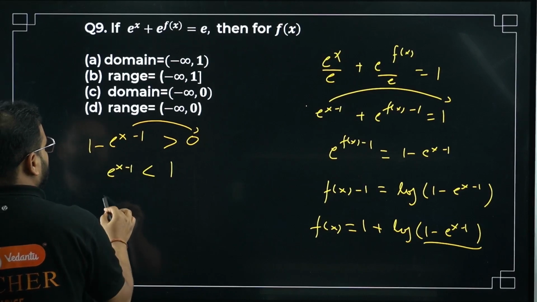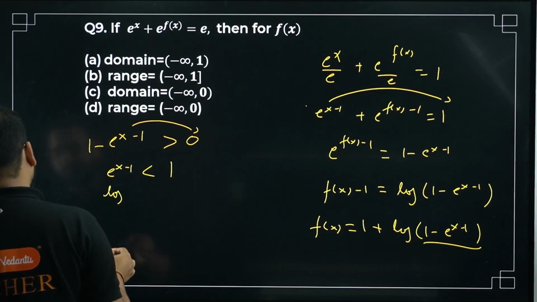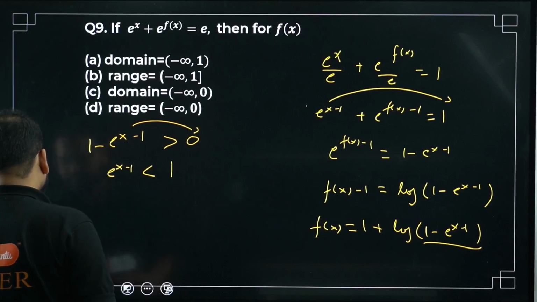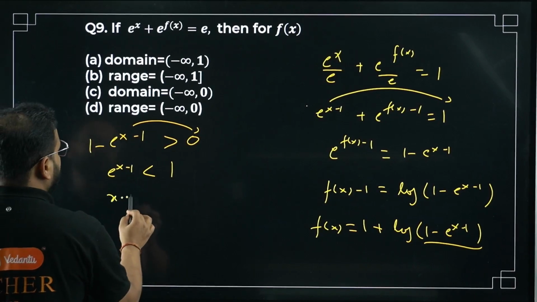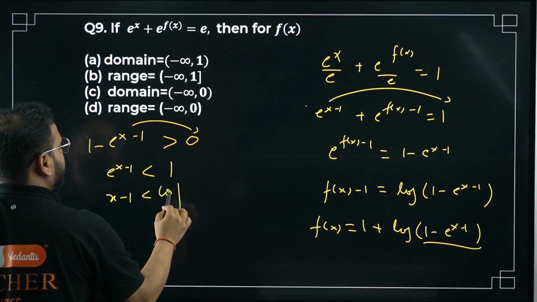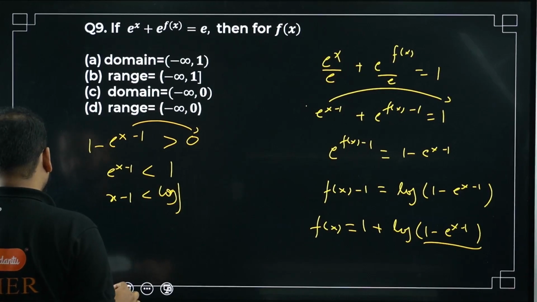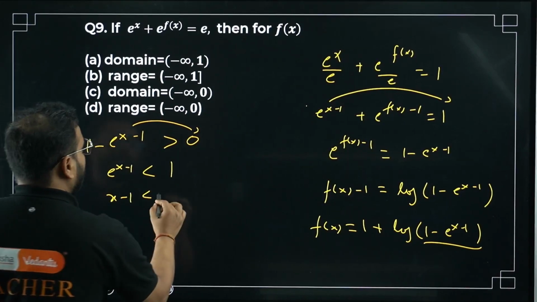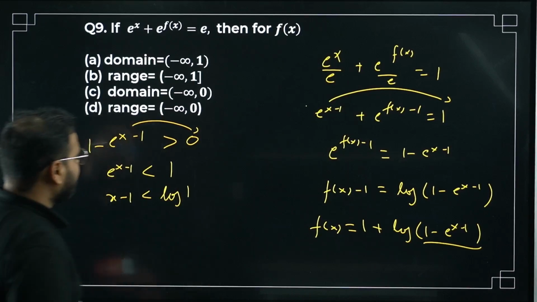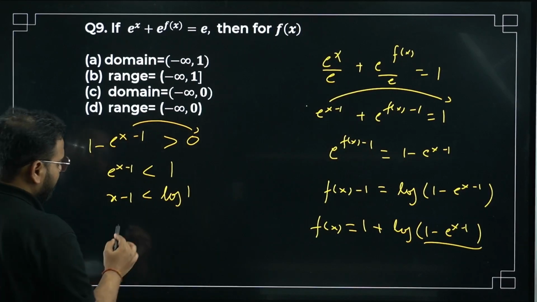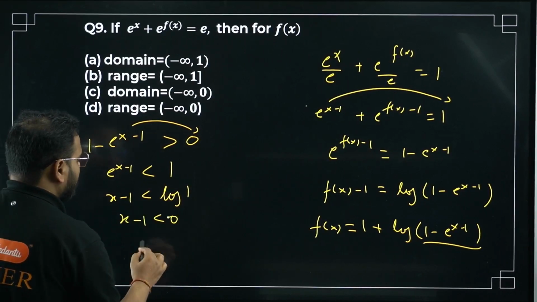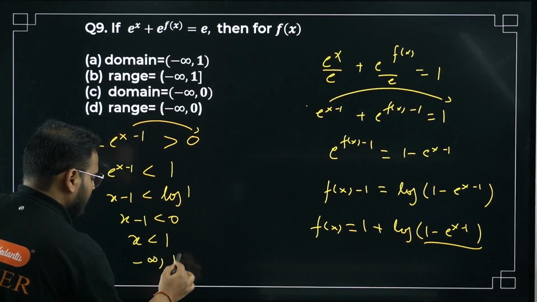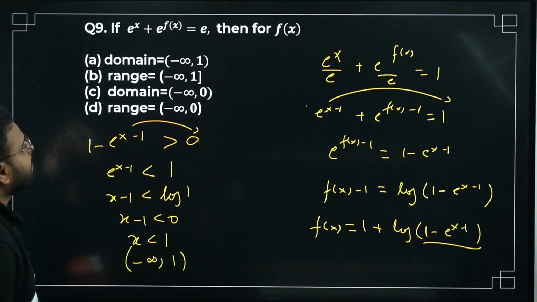Now apply log on both sides: x minus 1 less than log of 1, which is 0. It means x is less than 1. So negative infinity to 1, open, okay. Option A is correct.